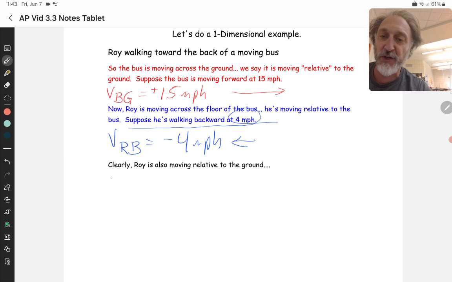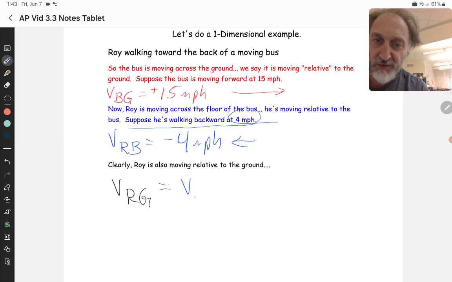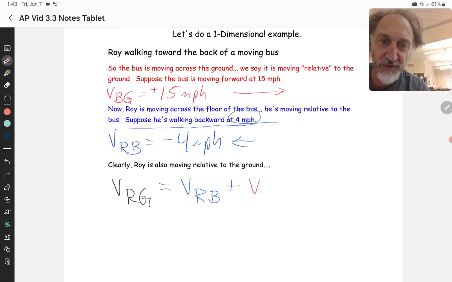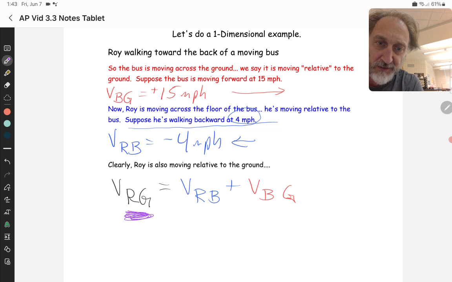Here's the equation. The velocity of Roy relative to the ground turns out to be the same as the velocity of Roy relative to the bus plus the velocity of the bus relative to the ground. Notice the way these letters are sequenced. Here we've got Roy relative to the ground, and my equation begins with Roy and ends with ground.